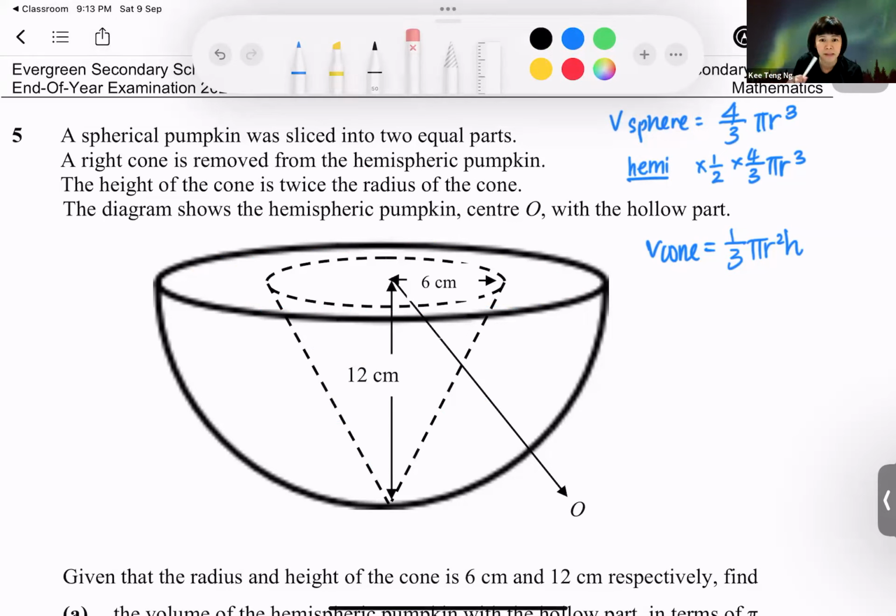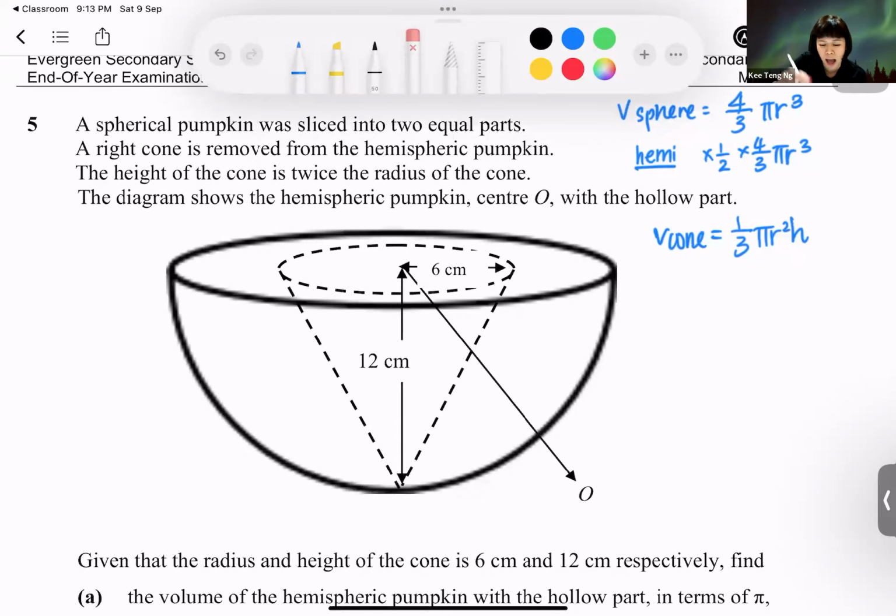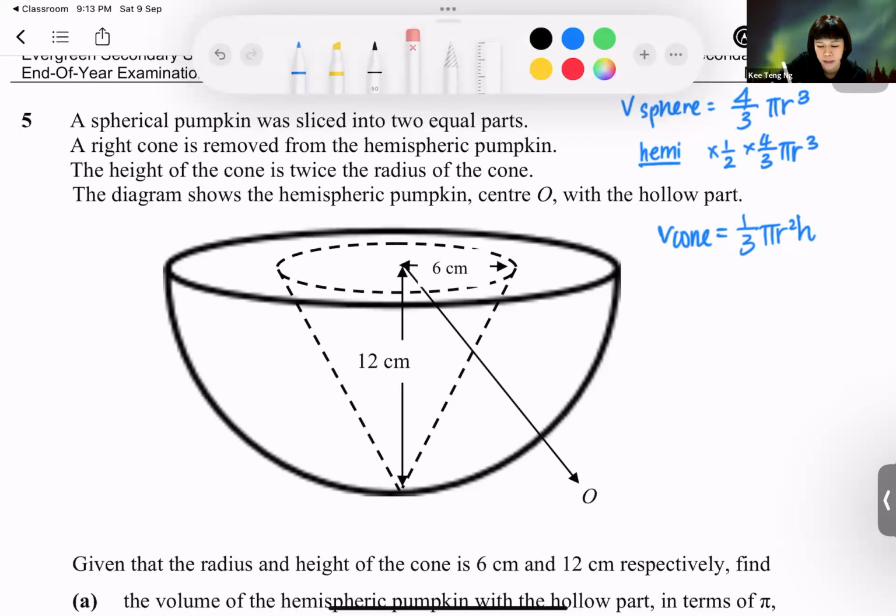But now maybe I'm just looking at the volume. Let's look at the question. The height of the cone is twice the radius of the cone. What does this actually tell me? You notice that I currently only have the radius for the cone, but I do not have the radius for my pumpkin, correct? But I know that this portion over here is the height of the cone, which is 2 times the radius.